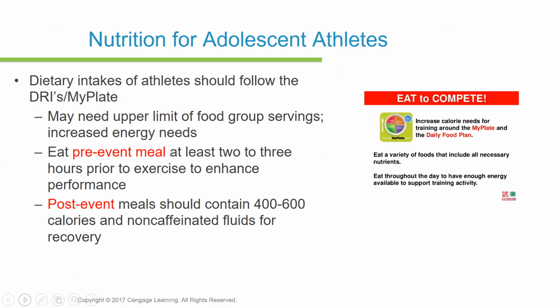Other recommendations are really not going to be much different from standard DRIs or the MyPlate recommendation. Just recognize that if they are in one of these sports where they're burning more calories, they're going to need the upper limit of all of the food group servings. They're going to need extra energy like we just talked about. They also might need specific guidance around how to eat around a competition.